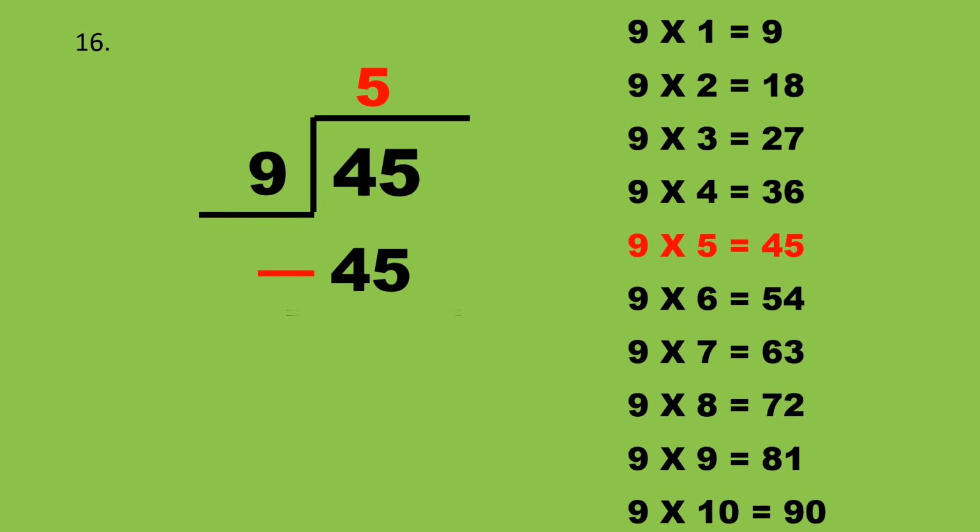After putting the minus sign we are going to put lines, and then we will subtract. So 45 minus 45, what will it be? 0. Clear children? So whenever we subtract the same number, like 45 minus 45, 20 minus 20, 2 minus 2, it is always 0. Clear children?